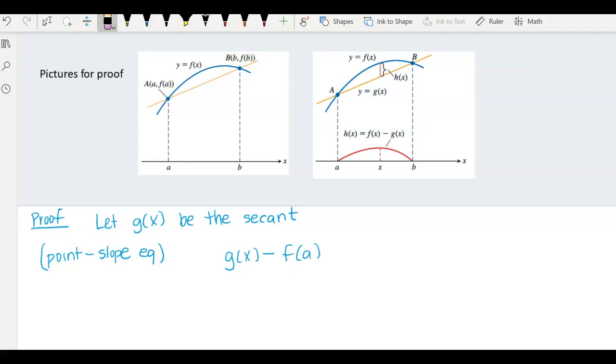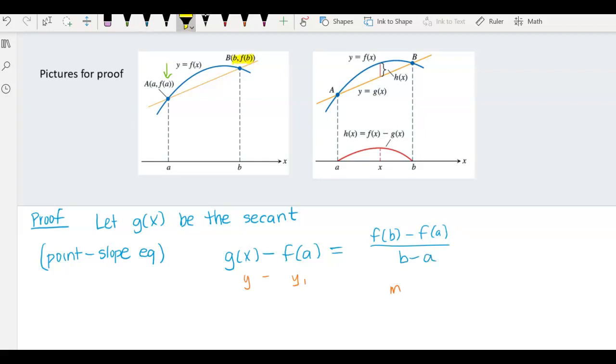So I took y, or g of x, minus this here. And that's going to be equal to the slope in between them, right? So this is y minus y1, equals m. The slope between those 2 points is going to be f of b minus f of a over b minus a.